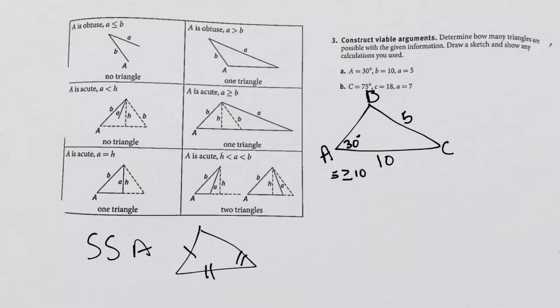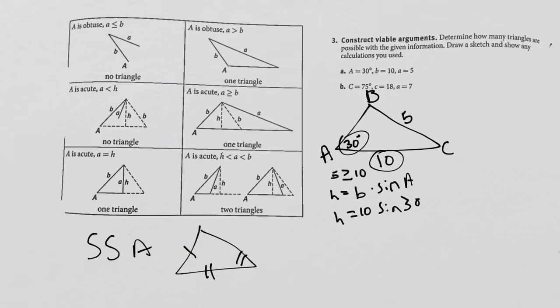The formula for height is h equals side b times sine of angle A. So we're going to use this side right here and this angle. So we're going to plug those in. So my h equals 10 sine 30 degrees.